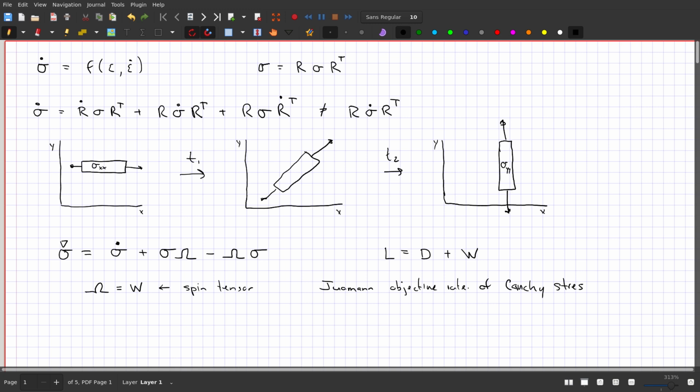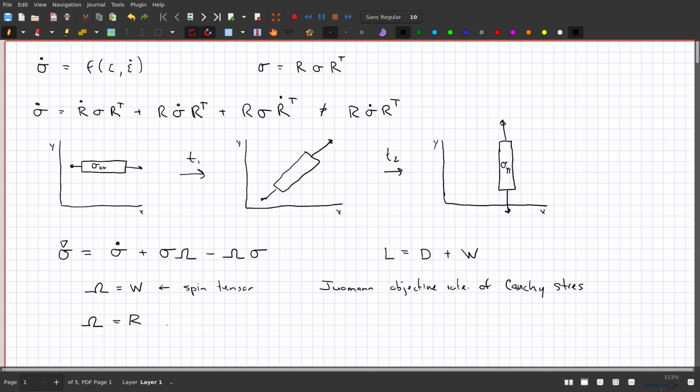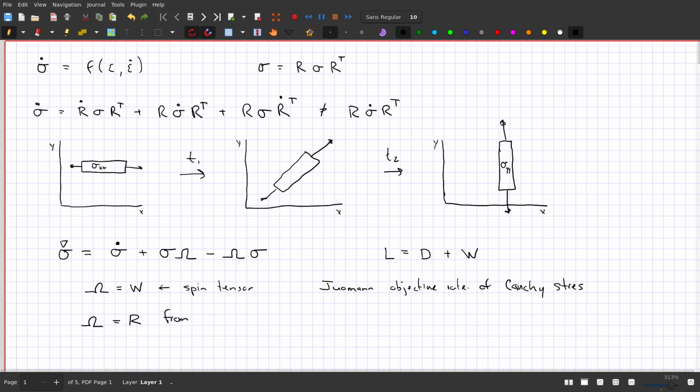It turns out that the Jaumann rate under pure shear will oscillate. So it's actually perhaps not the best choice. Okay? So another choice would be to choose it as R from a polar decomposition of the deformation gradient.